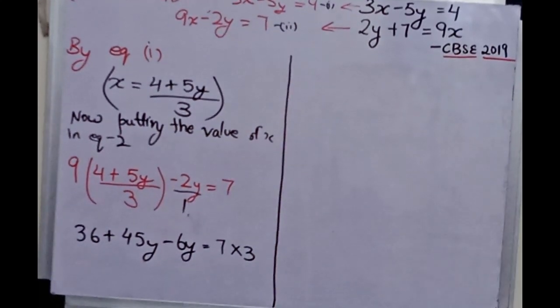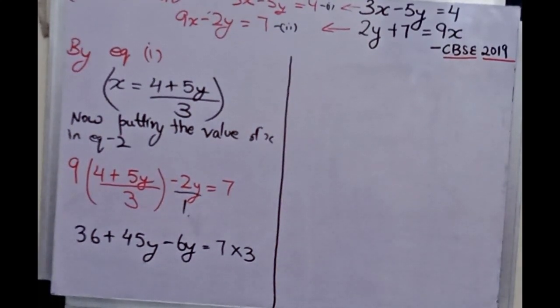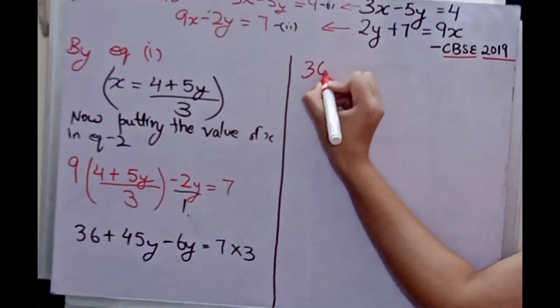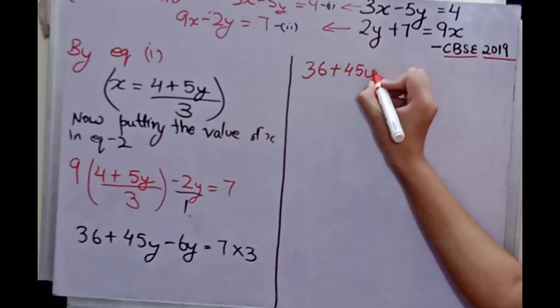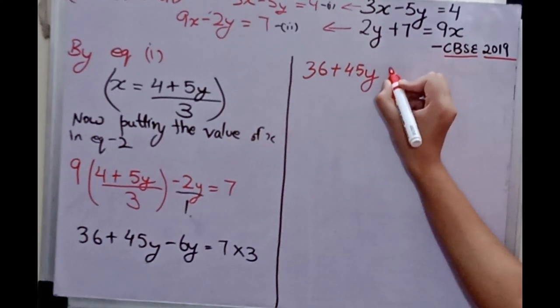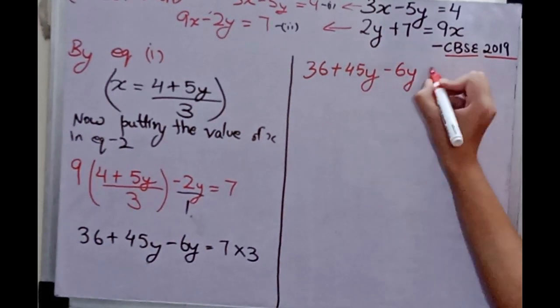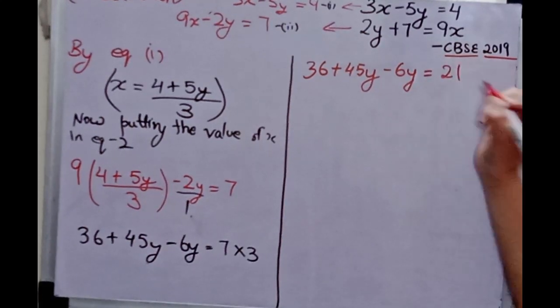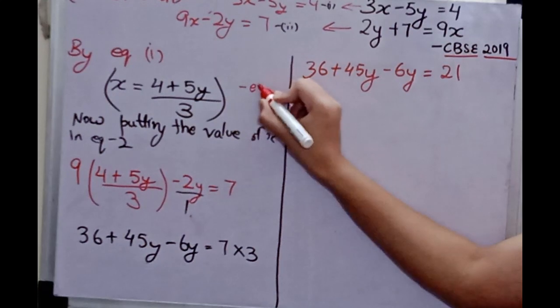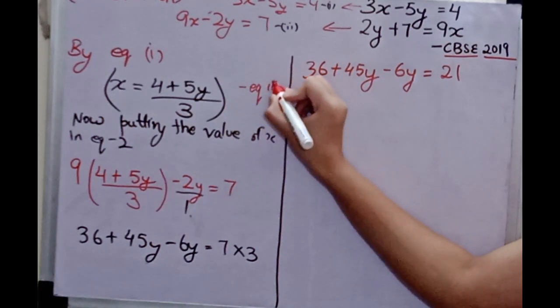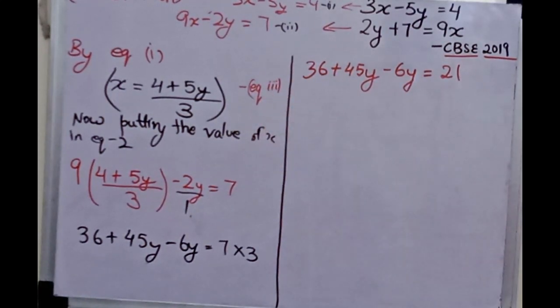We will rewrite this equation as it is, like 36 plus 45y minus 6y is equal to 21. This is your equation; you can write it as equation 3 if you want to.